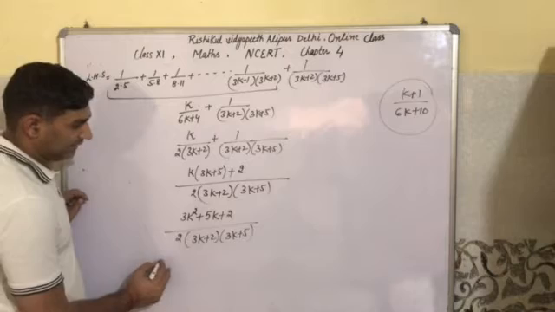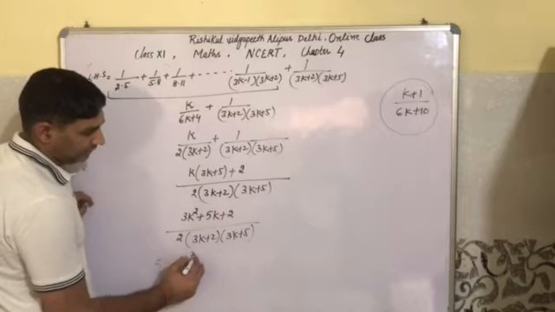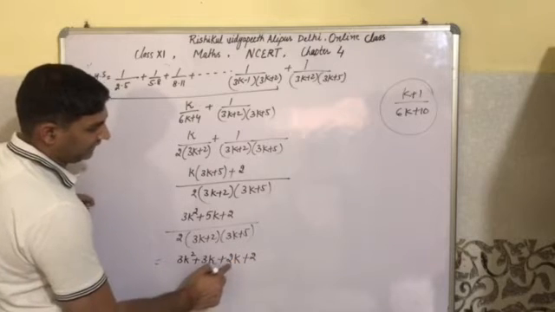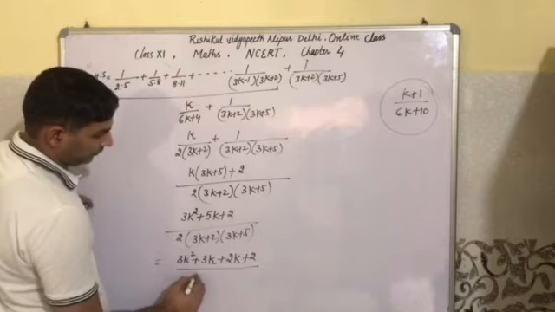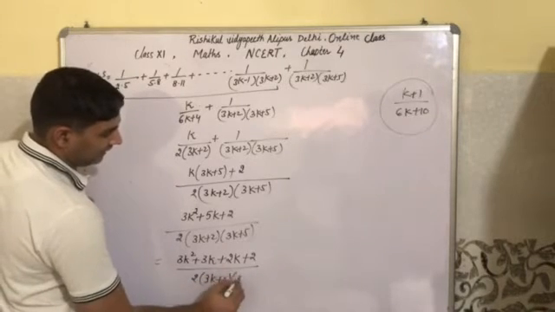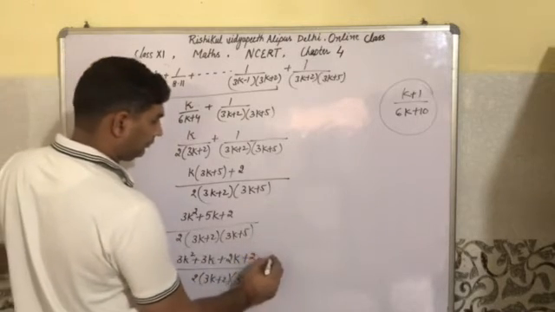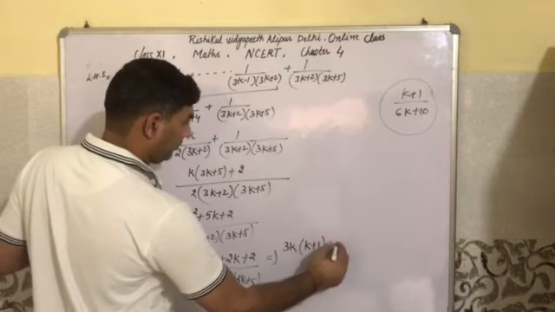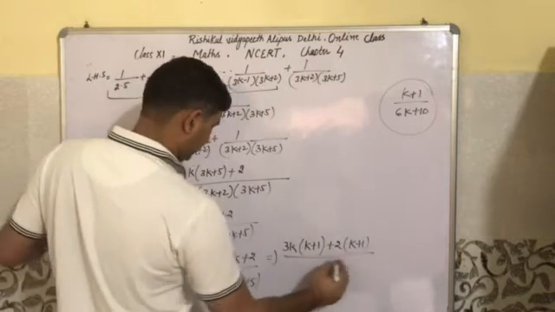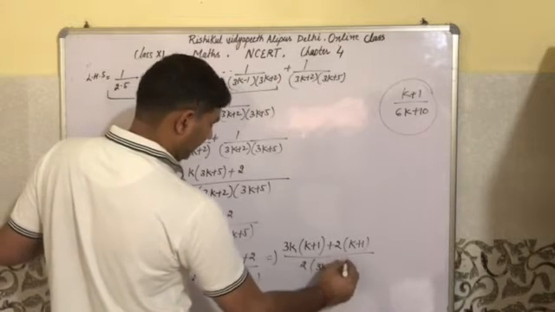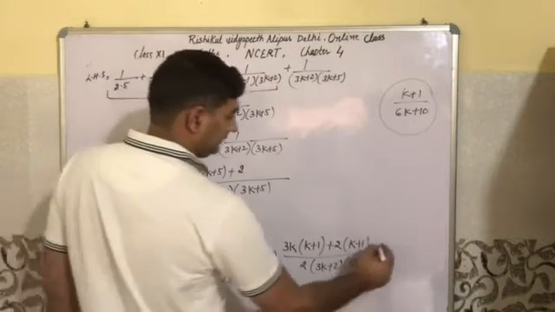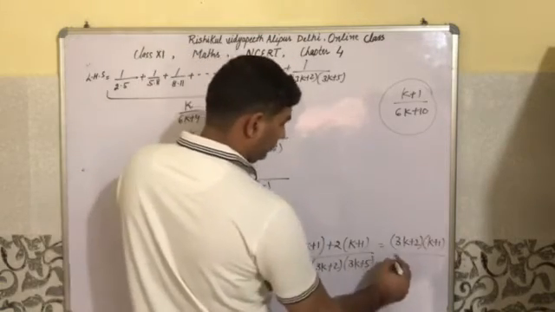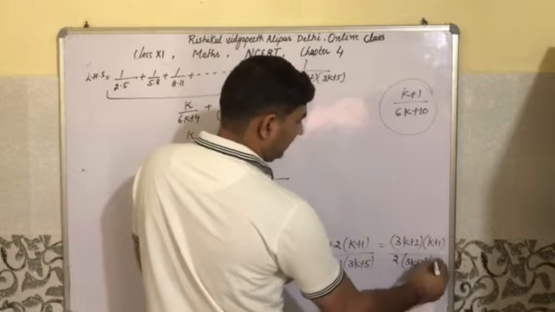Then factorize this numerator: 3k²+3k+2k+2. The product 3·2 is 6 and the sum is 3+2=5. Then 3k is the common term with k+1, and 2 is the common term, so (k+1)(3k+2) over 2(3k+2)(3k+5). Here 3k+2 is a factor and k+1 is a factor.